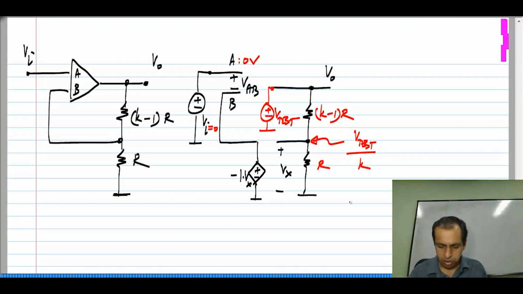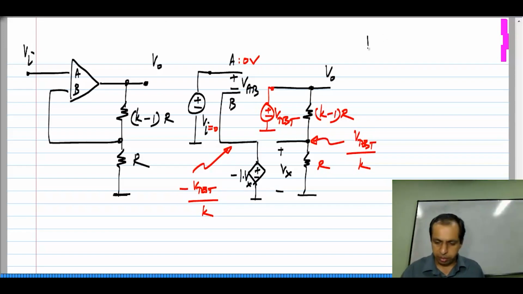Okay. Now, I have this control source with a gain of -1. So, that means that at this point I have, remember this Vx is V test by k, so at this point I have minus V test divided by k. Okay.